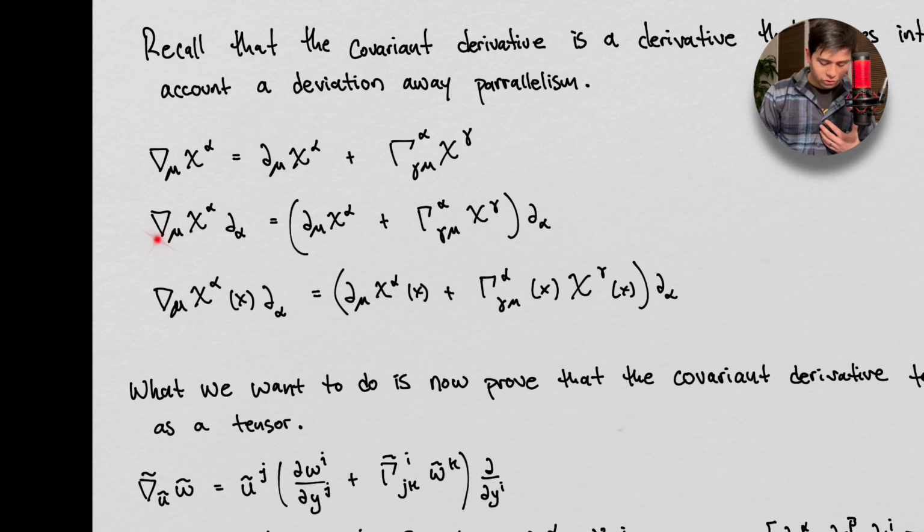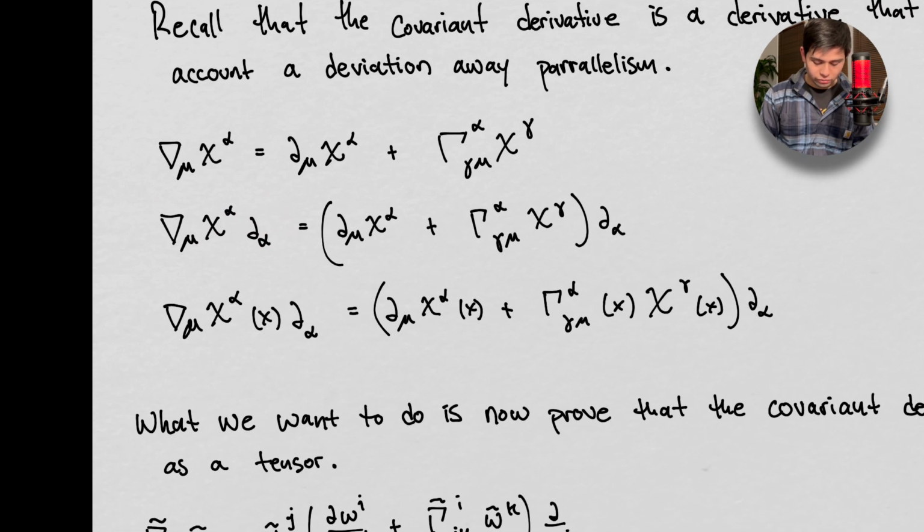I also said that this object has a basis, and this basis comes from the realization we made a while back, where the partial derivative was a basis vector. Here's that partial derivative as a basis vector.